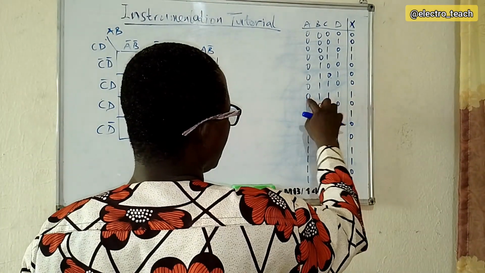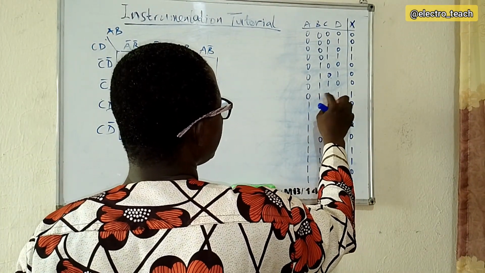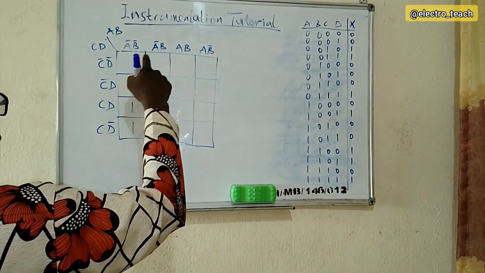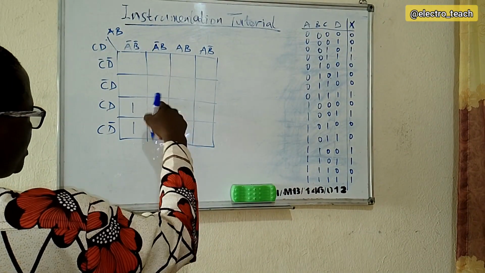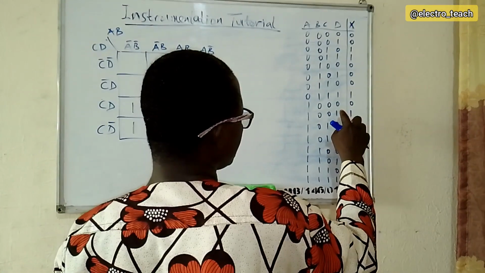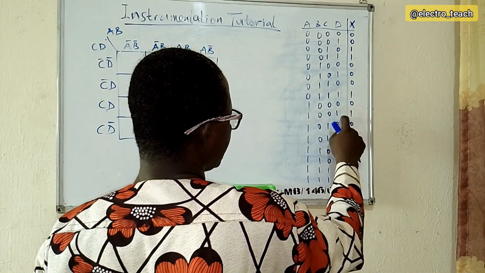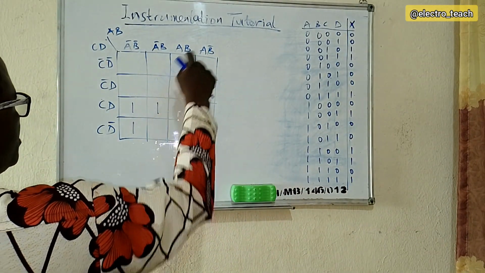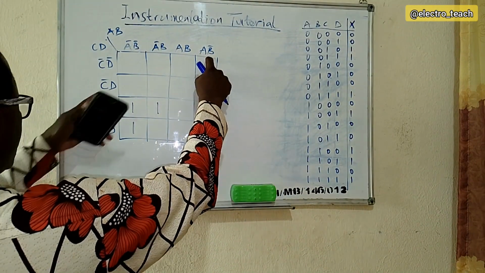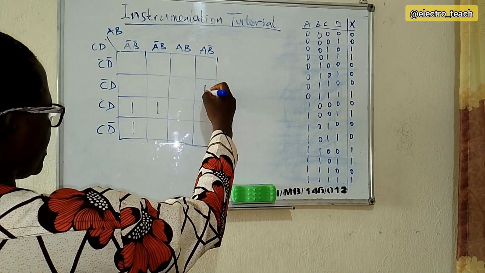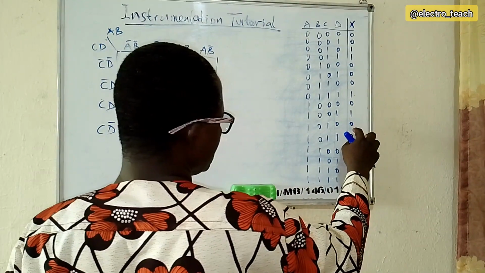The next one, A bar, B, C, D here. The next one, A, B bar, C bar, D. So it is here.